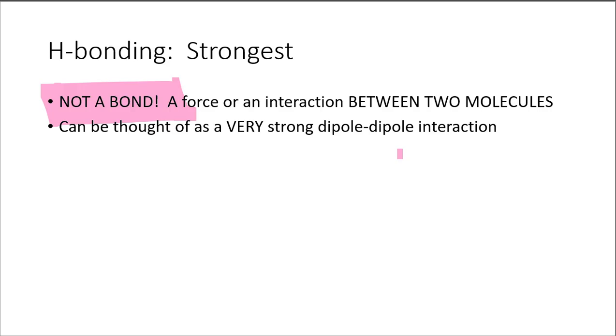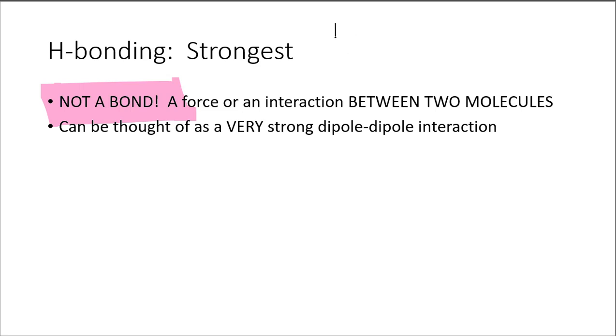Hydrogen bonding is not a bond. I made a big deal at the beginning of this class to say bonds are shared pairs of electrons. Hydrogen bonding is not a bond. There's no electrons being shared. It really is just a force or an interaction between two different molecules. It is a very, very strong dipole-dipole interaction.